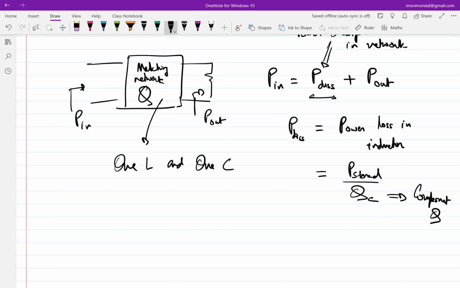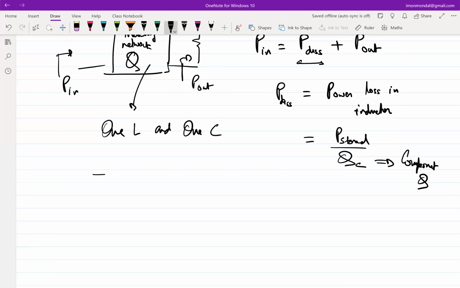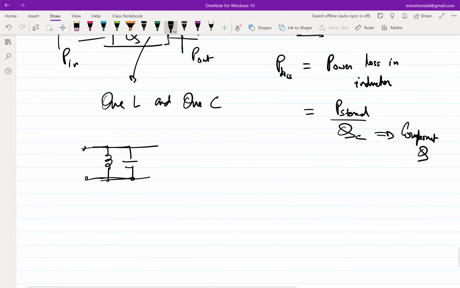Now I'm going to make a conceptual leap, and the leap is I'll just show you one resonant network. You can assume it's a parallel or a series, it shouldn't really matter. At resonance, if I look at the voltage and the current through these capacitors and inductors, so if this is the voltage and this is the current, they are 90° out of phase anyway.